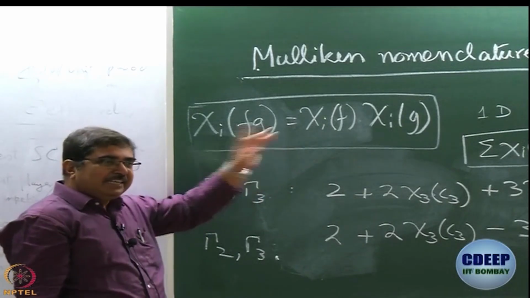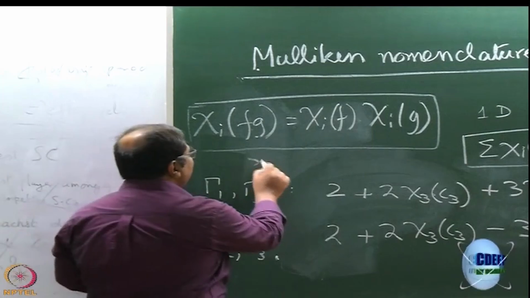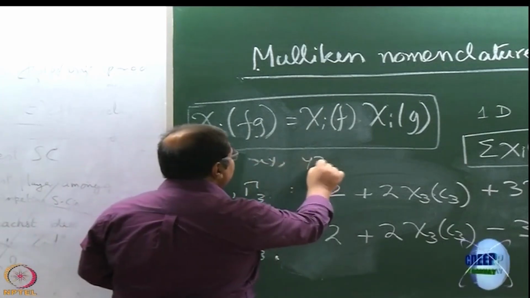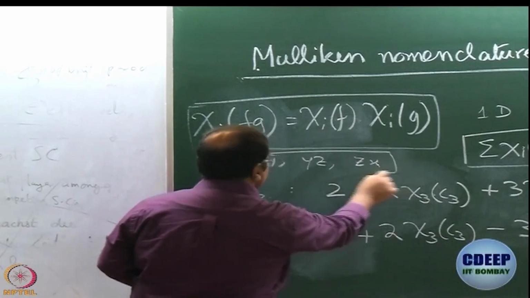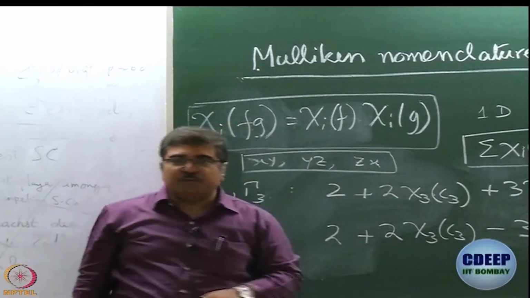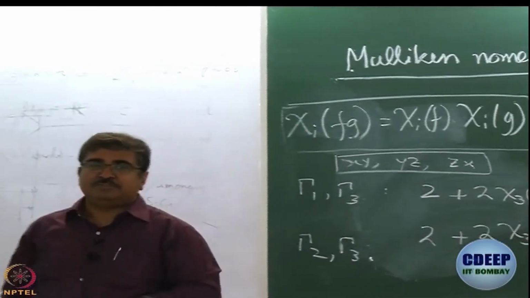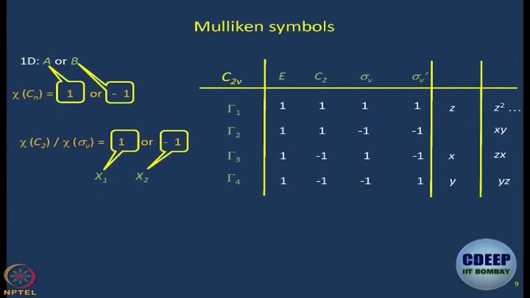Okay. If that is the case, tell me where xy belongs, where yz belongs, where zx belongs. Where will xy go? Yes, gamma 2, why?